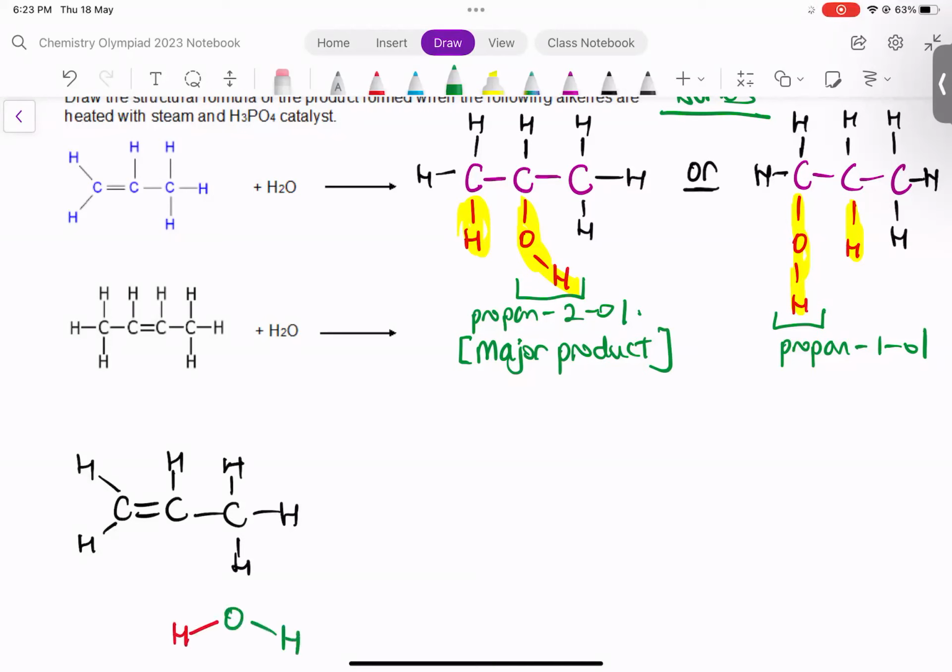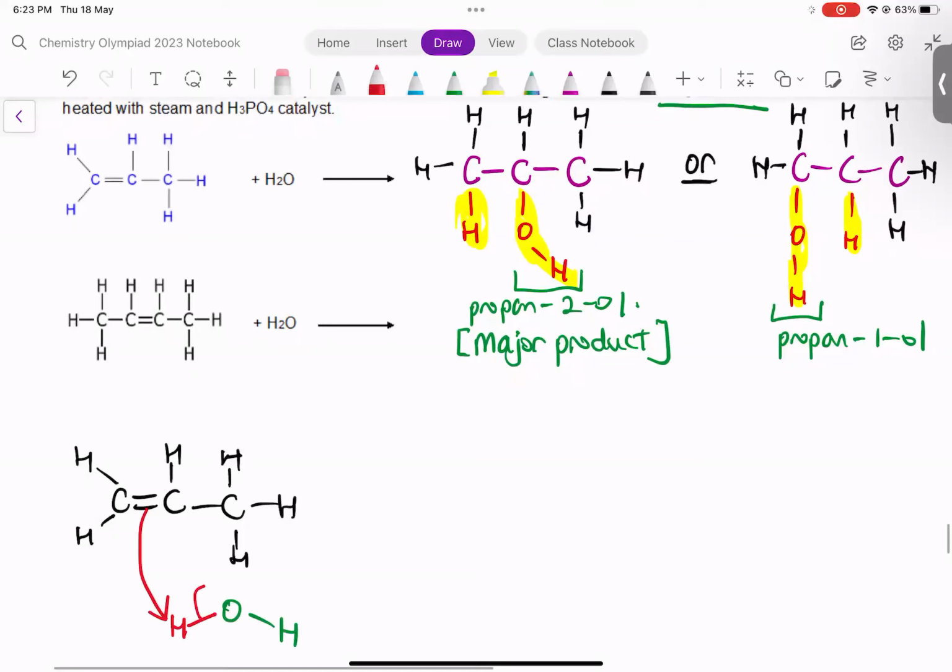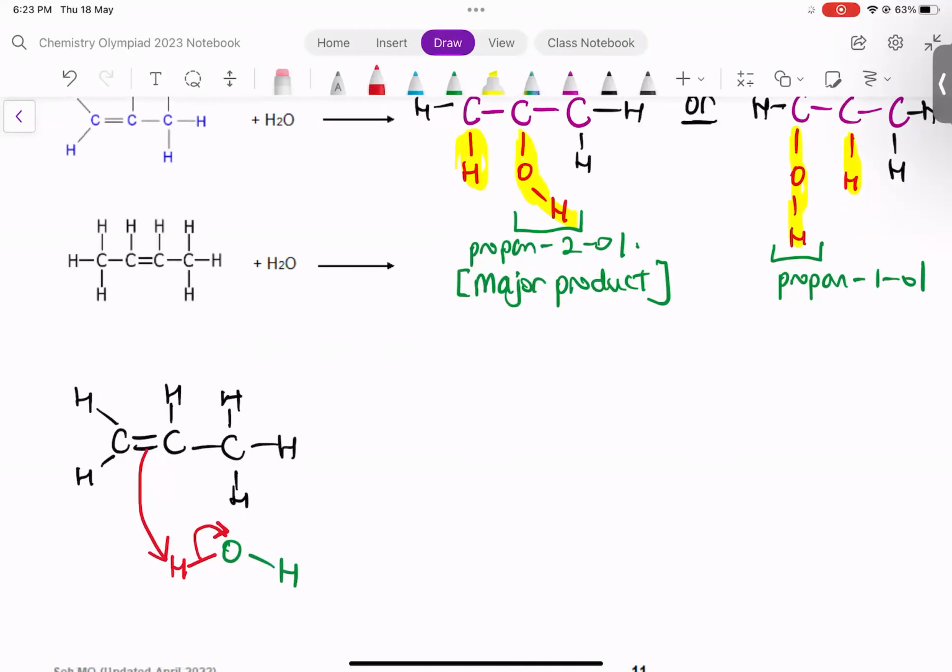So what happens is that the double bond attracts the H. The covalent bond between H and O breaks. Now this works because, as we have learned in covalent bonding, oxygen is more electronegative, so it's delta minus. The hydrogen is delta plus. So the delta plus is attracted to the electrons in the carbon-carbon double bond.